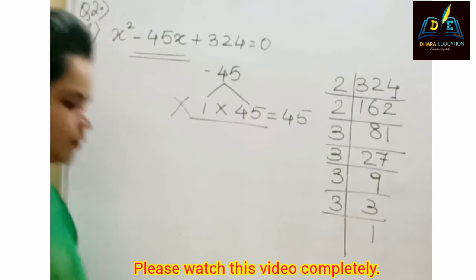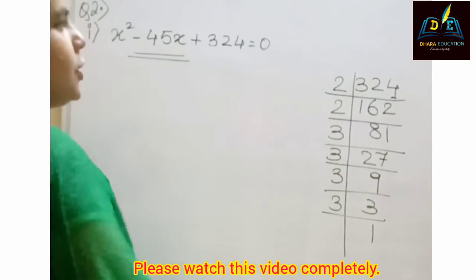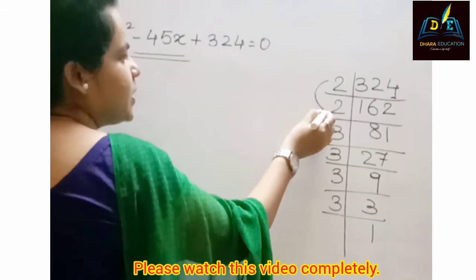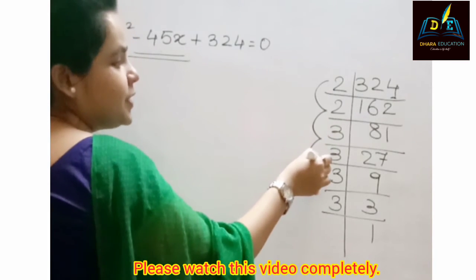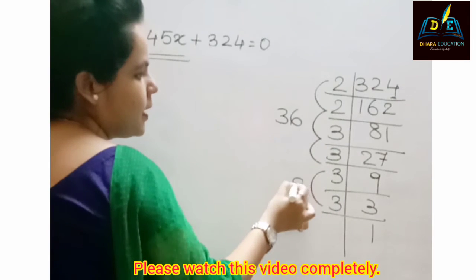So now what we need to do is this. We need to make the two possible. Okay. So 2 2s are 4, 4 3s are 12, 12 3s are 36, and 3 3s are 9.